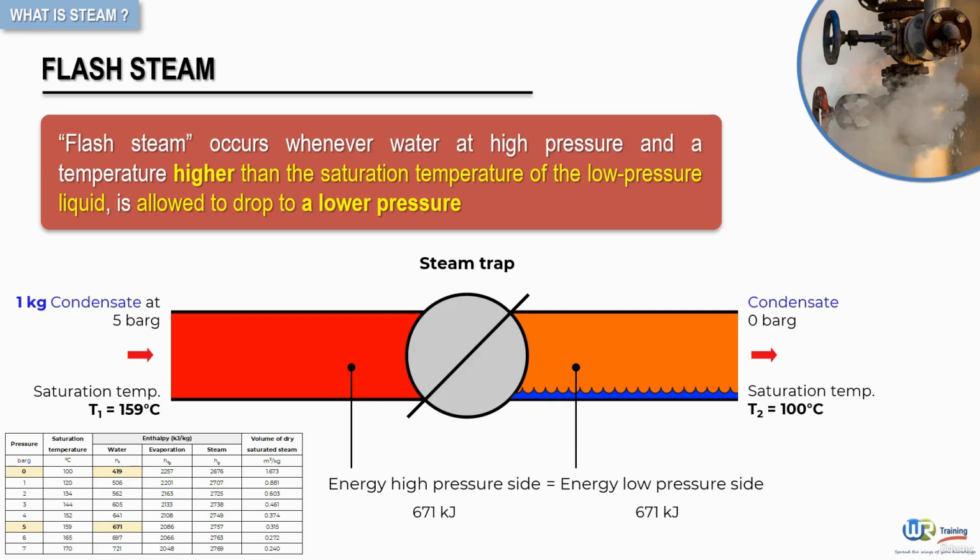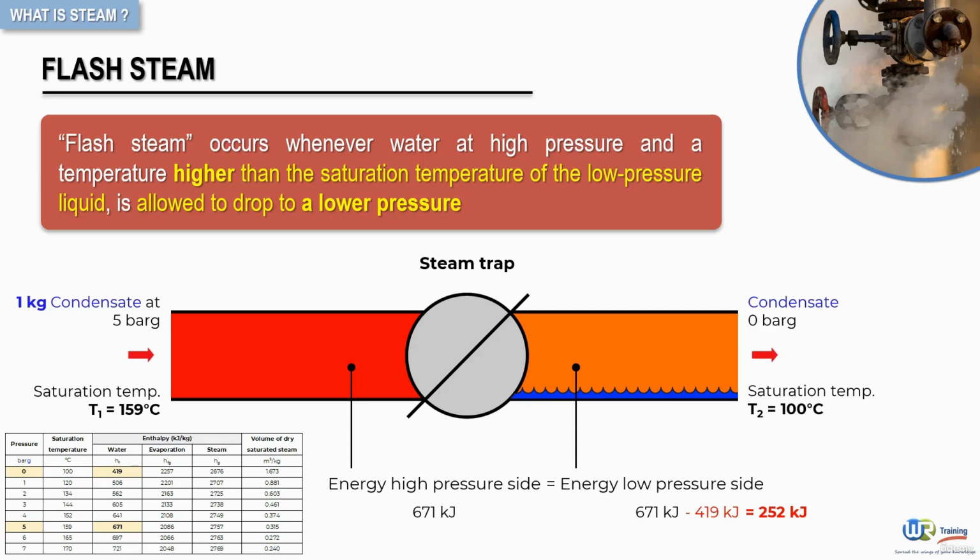Subsequently, there appears to be an imbalance of heat on the low pressure side. This imbalance is equal to 671 kilojoule minus 419 kilojoule, that is 252 kilojoule, which in terms of the water could be considered as excess heat.